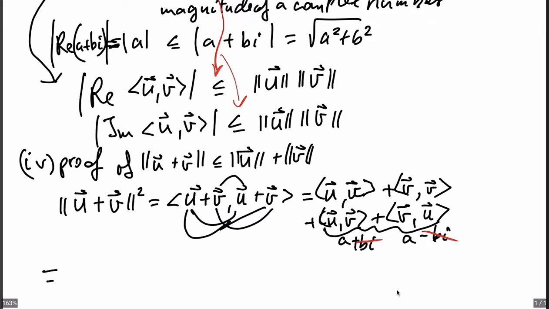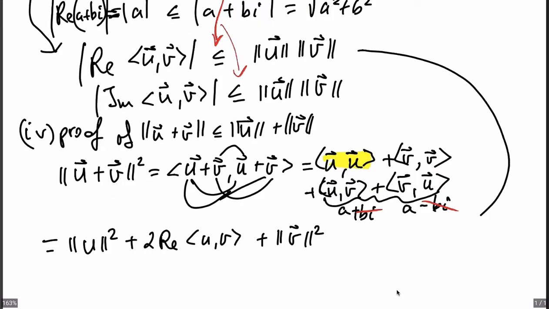So what we have here is u inner product u. Let me make sure that this is written correctly. This is u inner product u, which is the u norm squared. Then that means this is twice the real part of the inner product of u and v, plus the v norm squared.